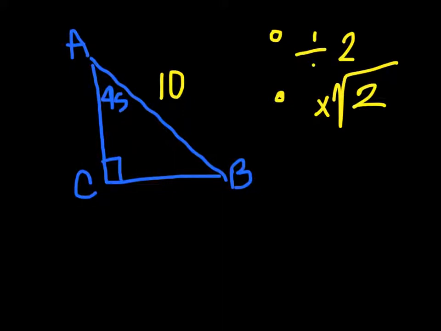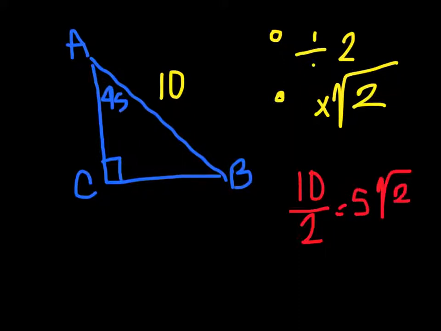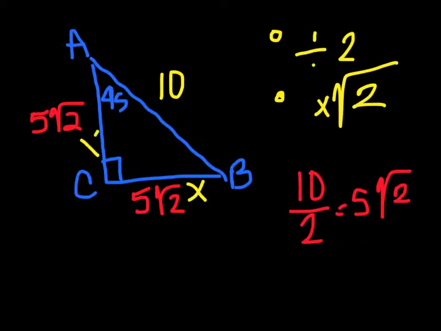So if we did this, what is our x value? 10 divided by 2 is equal to 5, and then we multiply by the square root of 2. 5 square root of 2. I forgot to label each side. This is x, and this is x square root of 2. But you get the picture.